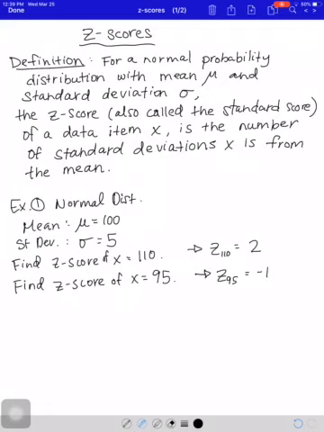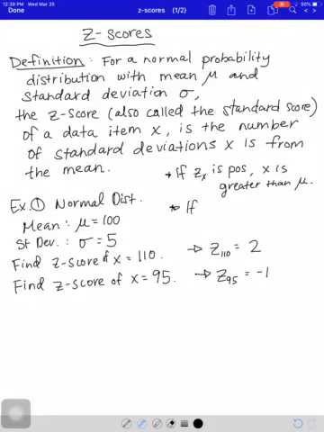So one thing to keep in mind: if the z-score of x is positive, then we know that x is greater than mu. It's greater than the mean, right?